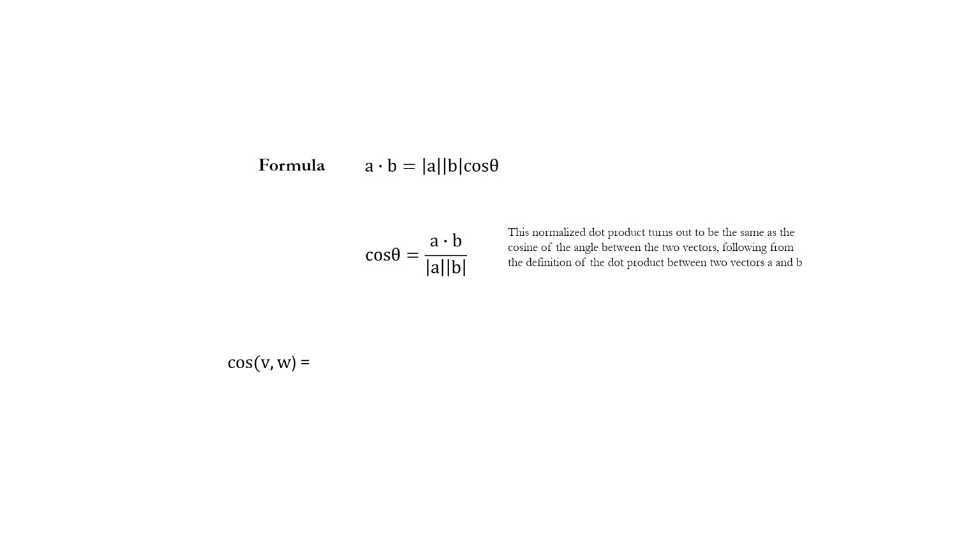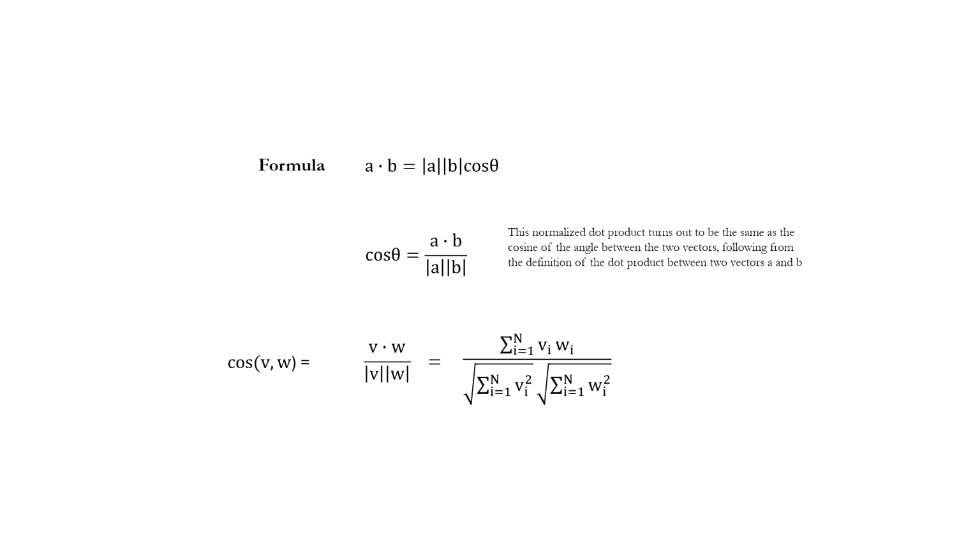So here's the cosine of v and w. We've got v times w divided by the magnitudes of v and w. And we've got what we saw earlier with the dot product and the vector length, right?